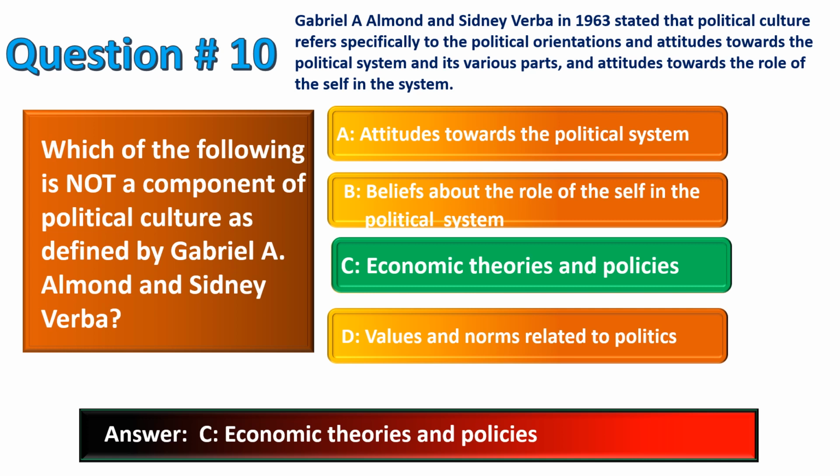Gabriel A. Almond and Sidney Verba in 1963 stated that political culture refers specifically to the political orientations and attitudes towards the political system and its various parts and attitudes towards the role of the self in the system.